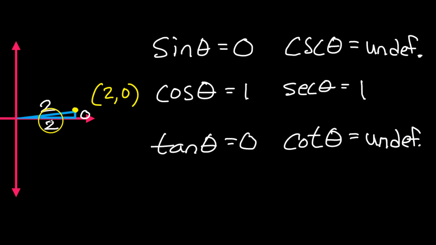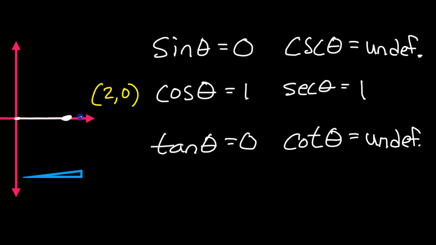Okay, so even though this little triangle would not really exist, the point 2 comma 0 in actuality, of course, is not sitting on a tiny triangle. The point 2 comma 0, of course, is actually just on a flat line.